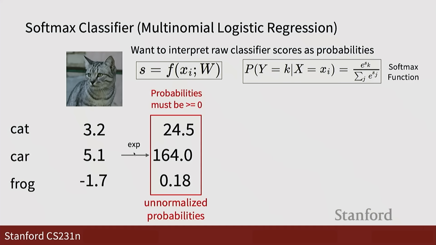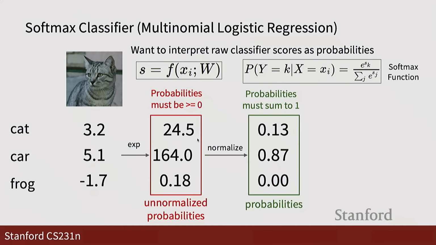We first exponentiate the values of the scores to create these numbers. When we use exp on these numbers, the outputs will always be positive, right? And we need to make sure that the probabilities are always positive. After creating these numbers, what we can do is just normalize them. So exponentiate and then normalize based on the sum of all of the samples, right?